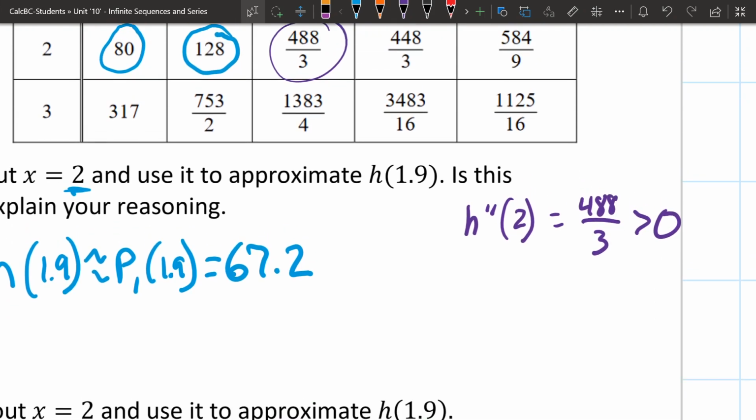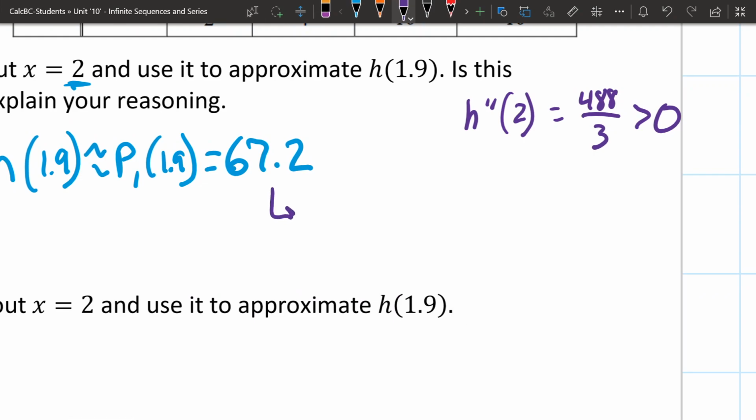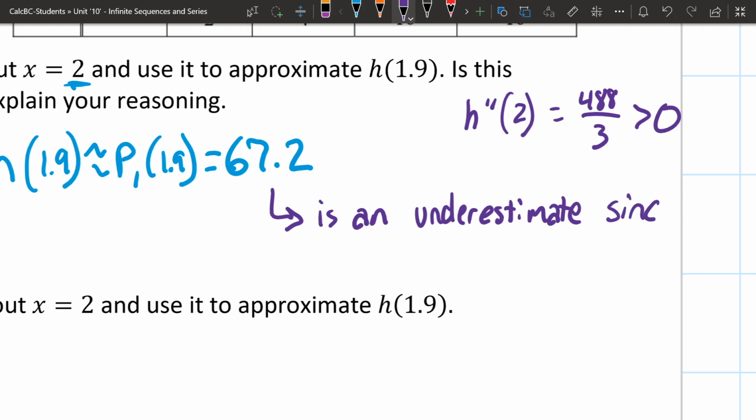So 67.2 is an underestimate. And let's give our reason: since we just saw that h double prime of 2 is positive.